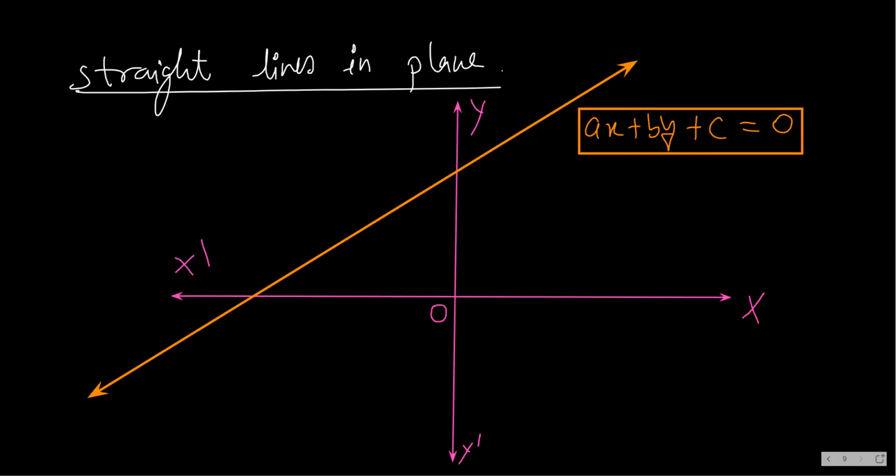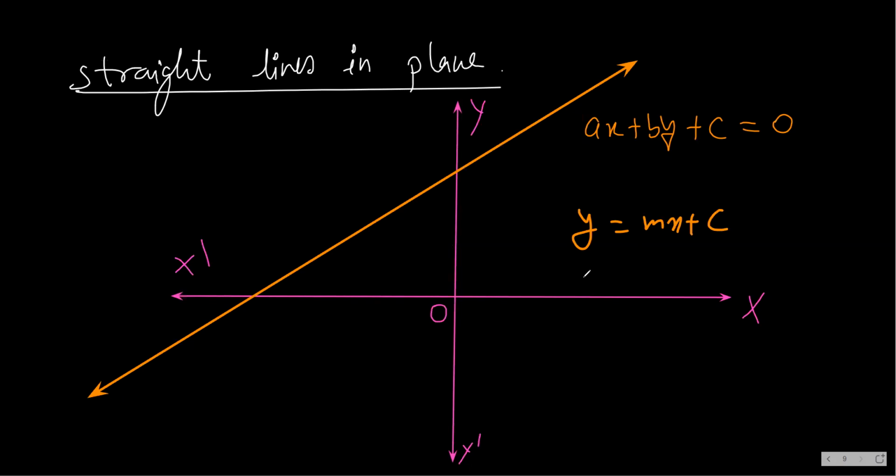As such, you had many forms. You had the slope-intercept form, which was y equals mx plus c. You had the double intercept form, which was x upon a plus y upon b equals 1. Then you had the point-slope form, that is y minus y1 equals m into x minus x1.